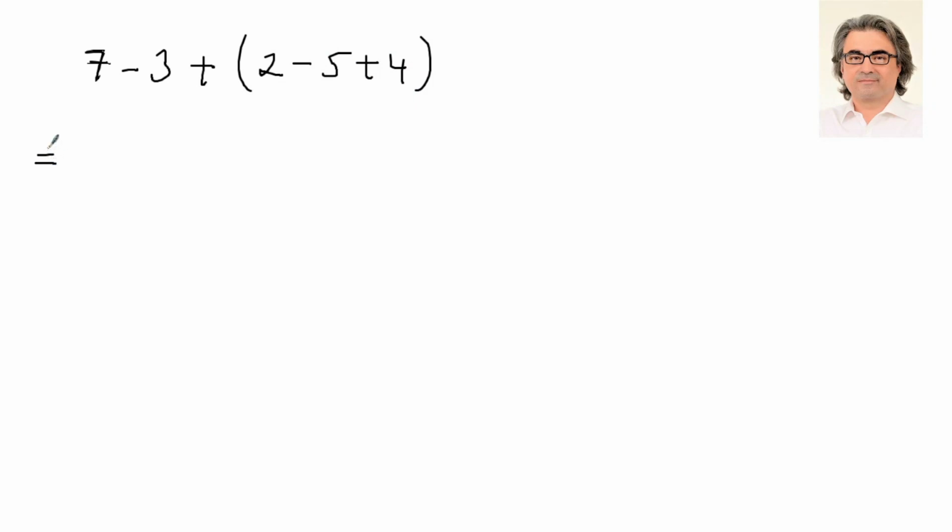Start from the left side. I have two numbers. I should make this operation between these two numbers. Plus 7 minus 3. The difference between them is 4, and the sign of 4 is the sign of 7. I know it from our previous lessons. Plus 4.